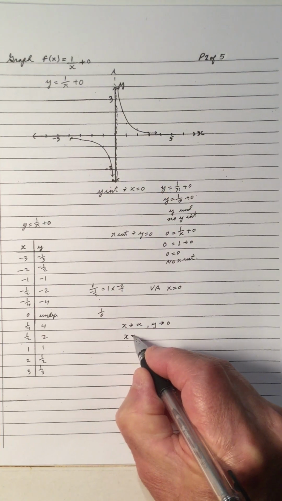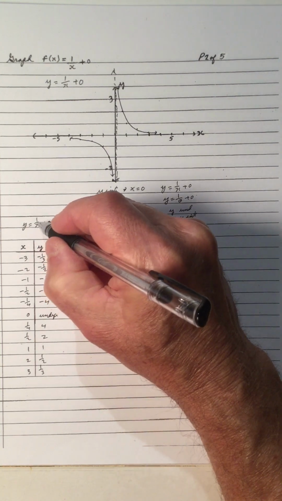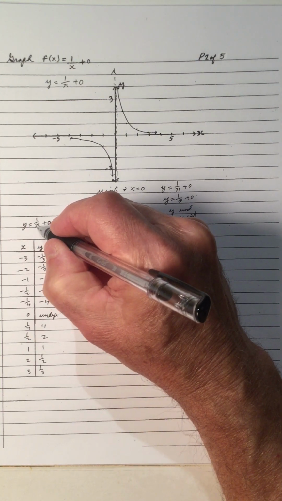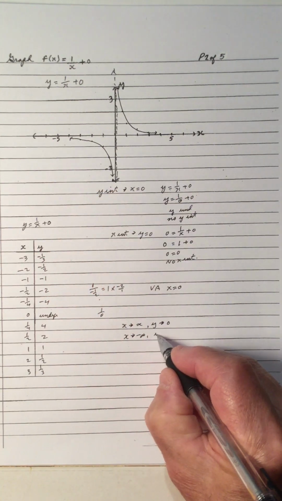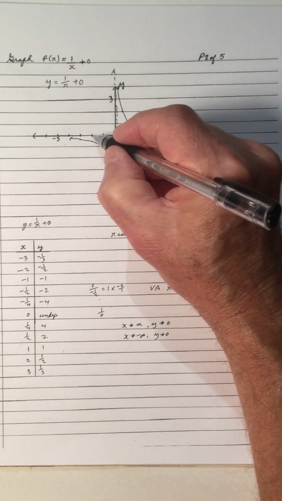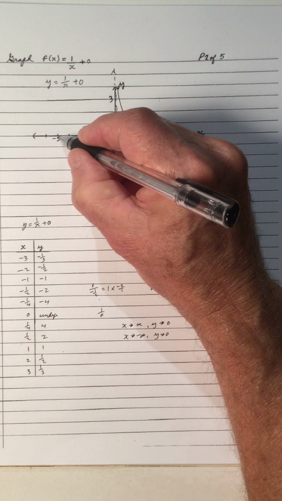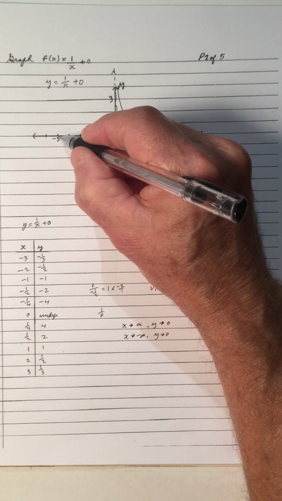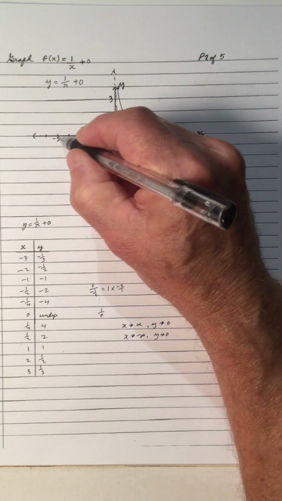As x goes to negative infinity, 1 over a large negative number is approaching 0, so y is approaching 0. So as x goes to negative infinity this way, this graph is getting closer and closer to the x-axis. Y approaches 0; y is 0 on this line.